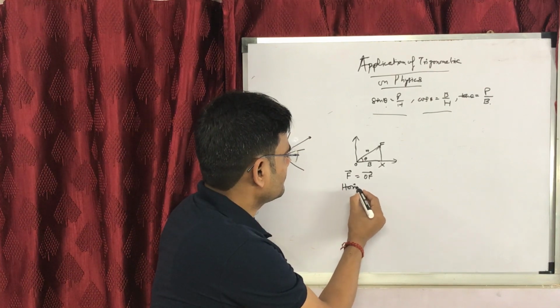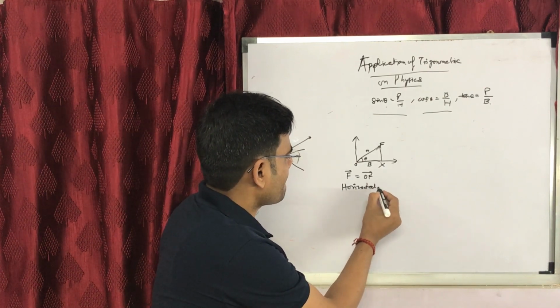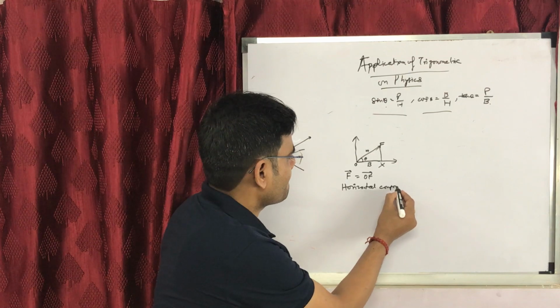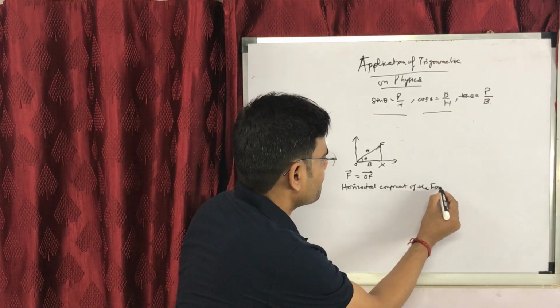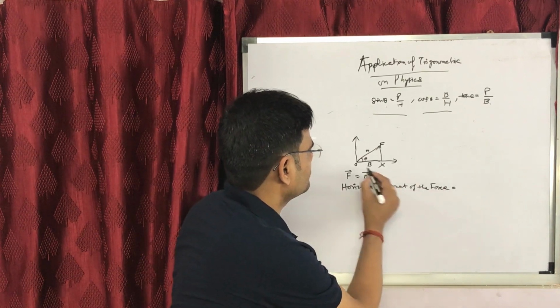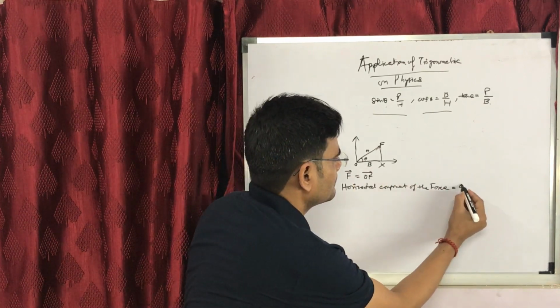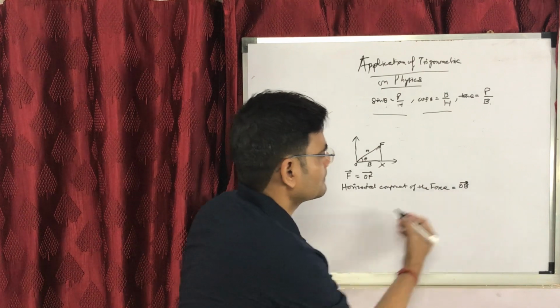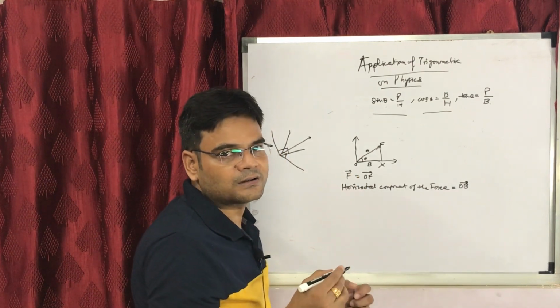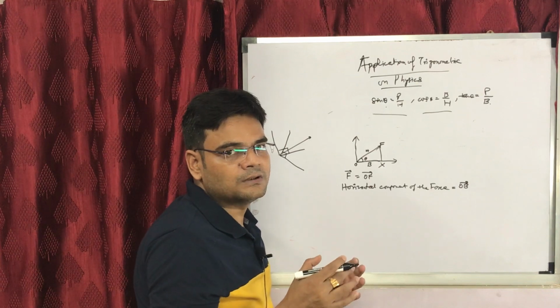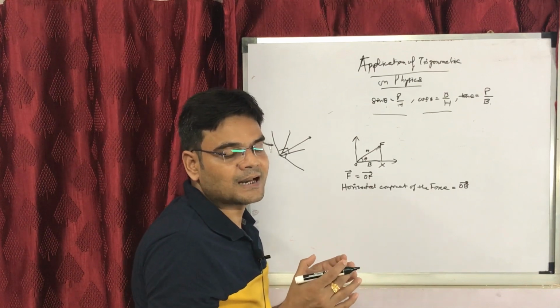Horizontal component of the force is equal to OB. This sign says it's a vector. It's not only a value, but it has a direction.